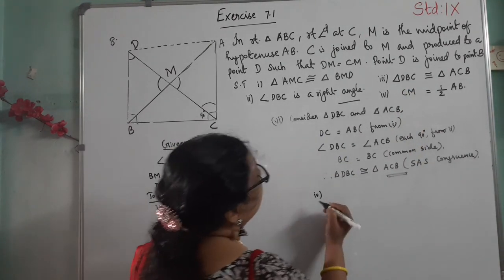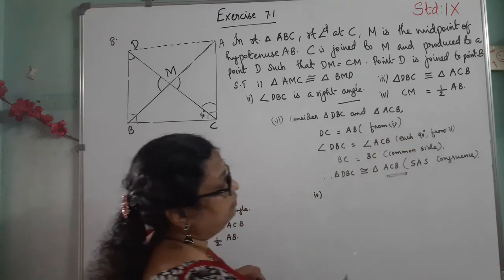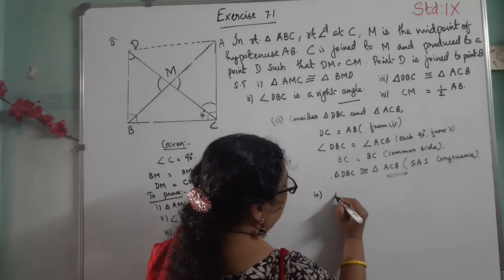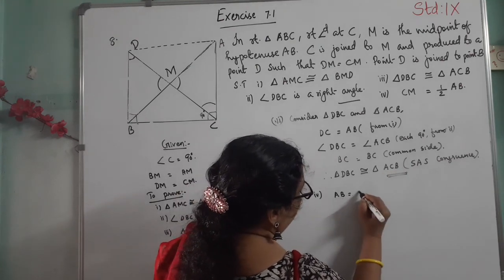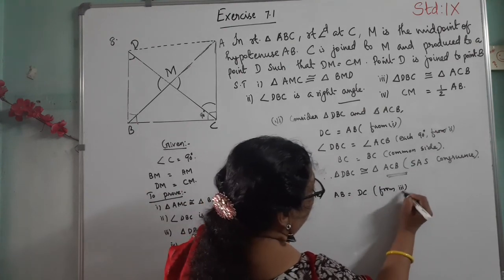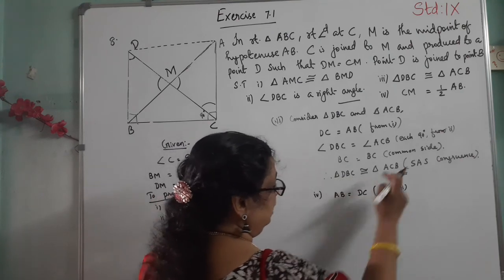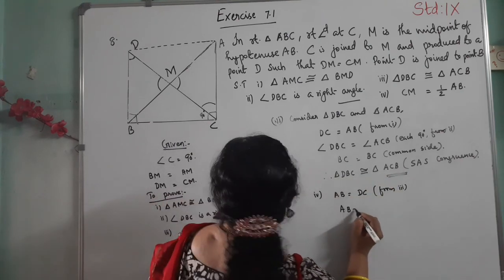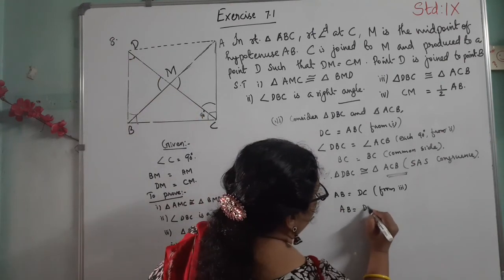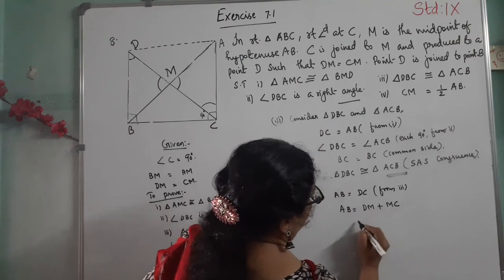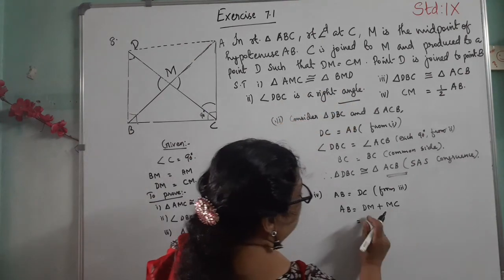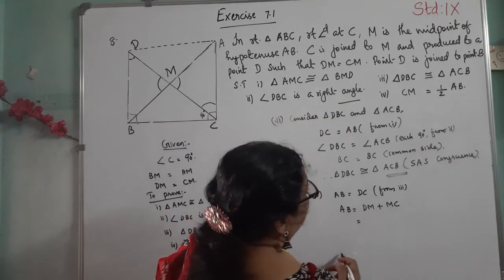Then the fourth one, CM equals half AB, that we want to prove. From 3 we get DC equals AB, that is AB equals DC. DC means DM plus MC. It is given DM equals MC, so instead of DM we can write CM.